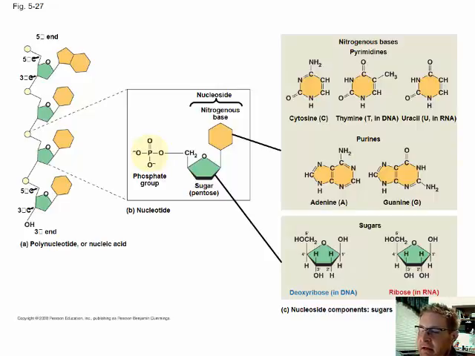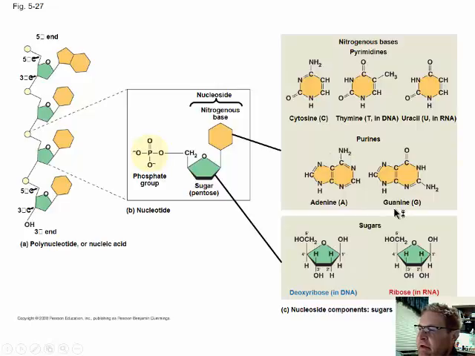Every base pair is going to have that structure. In a typical bacteria, you might have 5-6 million base pairs. A human would have at least 10 times that.